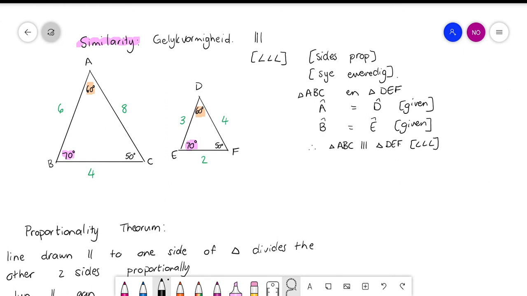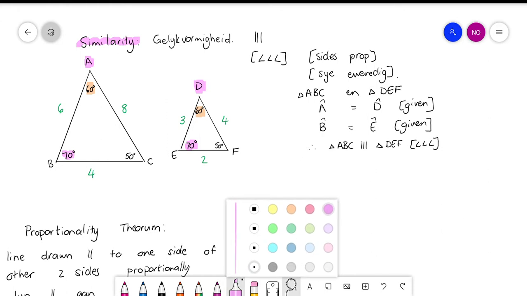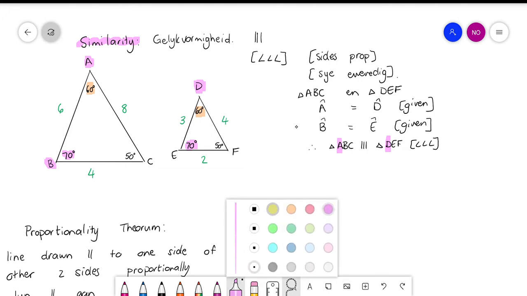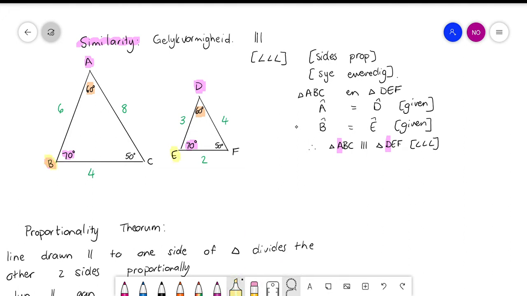Okay. Kyk mooi dat jou hoeke wat met mekaar ooreenstem is in dieselfde volgorde. So it's not about the way that I drew these, it's the fact that A and D are the same sizes. So I write them both first. B en E is dieselfde grootte, so hulle kom saam tweede.